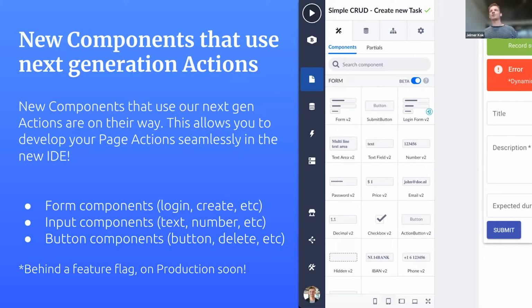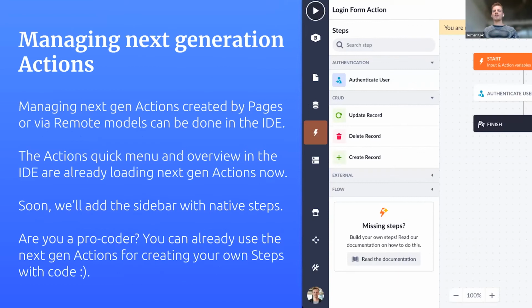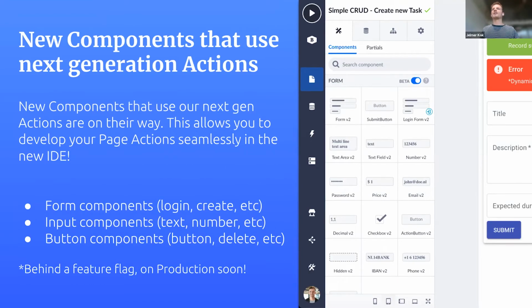And by using them, a new action is created instead of an old action. So this is still behind a feature flag on production, but it will be available, I believe, next week or the week afterwards.